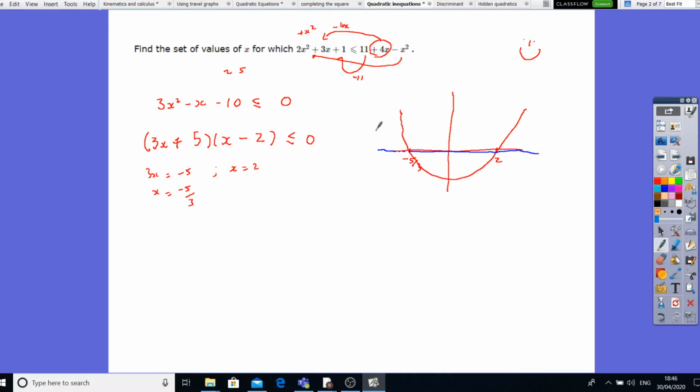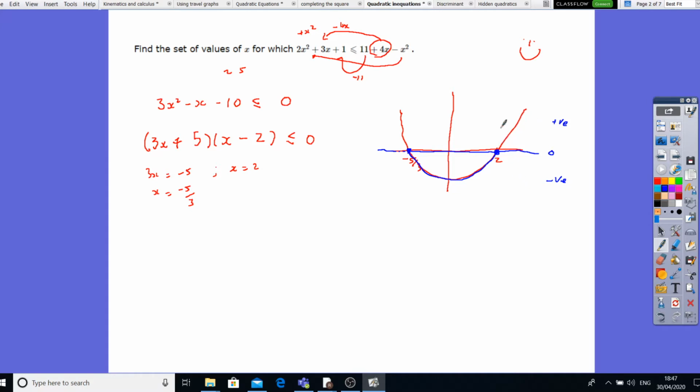So this is above 0, as it's the positive region, and this is the negative region, and this is the 0. So we've got 0 here. This is the positive region, this is the negative part of the graph. So we want all the parts when it's negative, when it's less than 0. So it's all this curve, including that point there where it crosses.